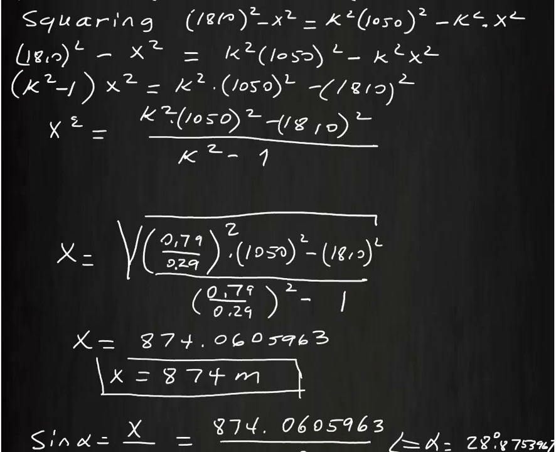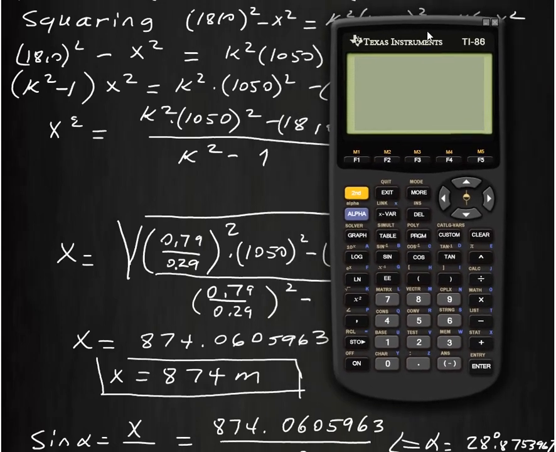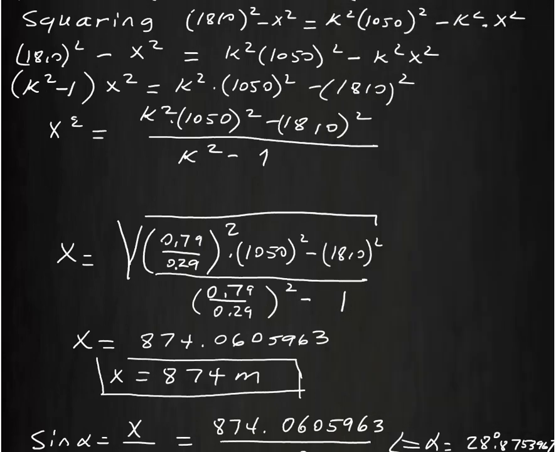I'm bringing up my calculator. So let's power it up. We can see here when we apply this formula, we get 874.060596255. I just round this to 3 here. So I'm going to dispose of this one, and we get 874 meters. That is the height of our trapezoid.